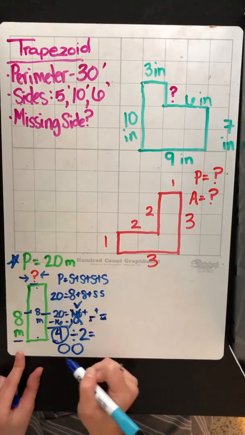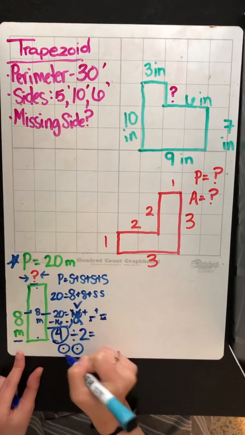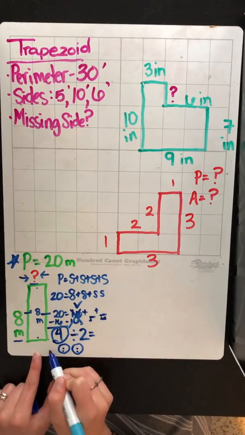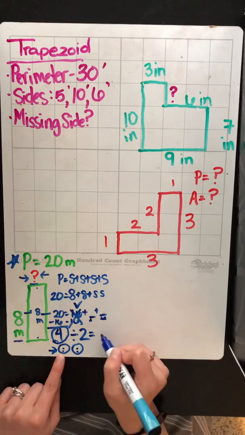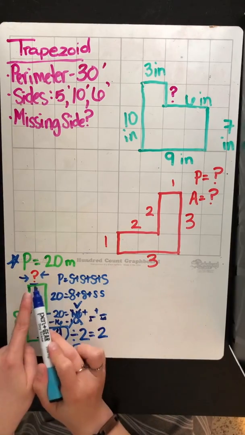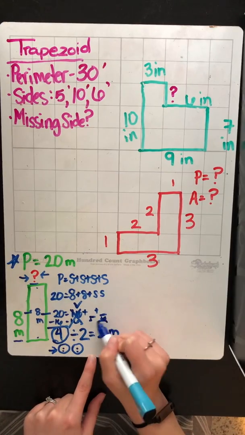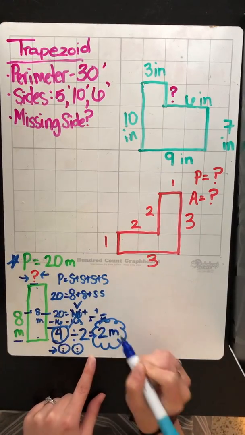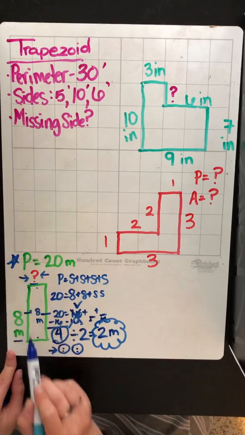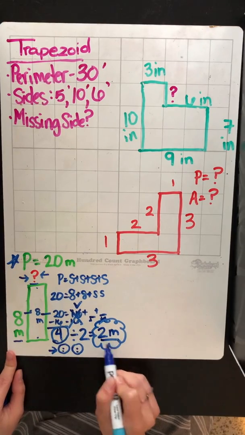Divide 4 into 2, okay? I've got my 2 circles, so 1, 2, 3, 4. And how many are in each? There are 2. So I know my missing side length is 2 meters. So the answer to this light green question would be 2 meters.